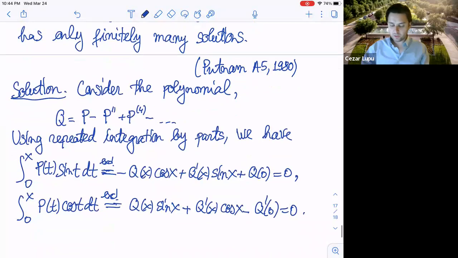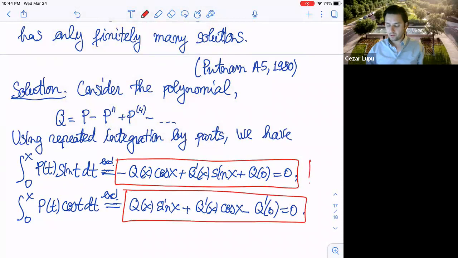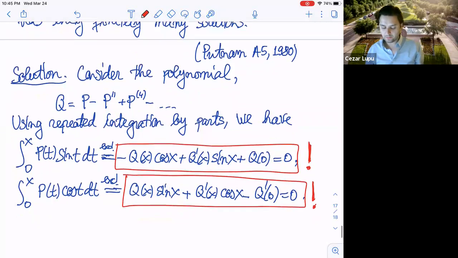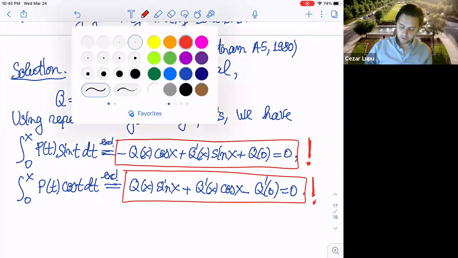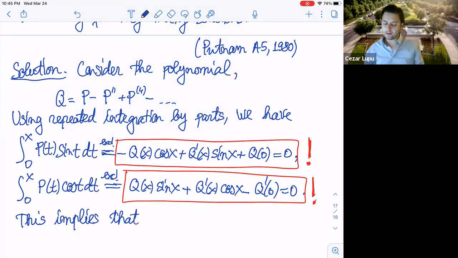So therefore, we have these two equations here. If you combine these two, I think at this point we can write q of x from these two equations. So this implies that, let's see, we want to write q of x. So it's q of x minus.